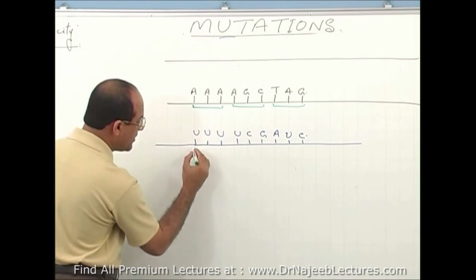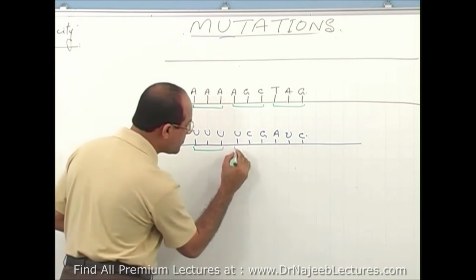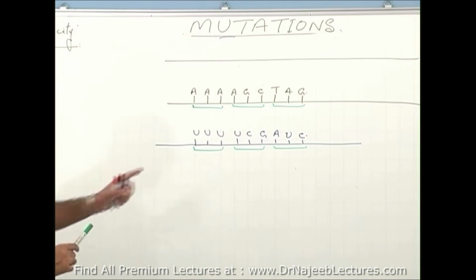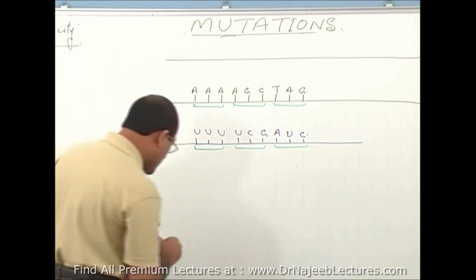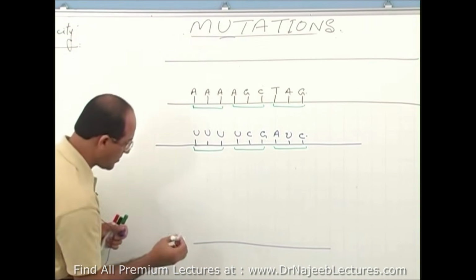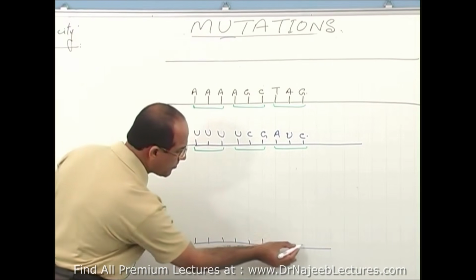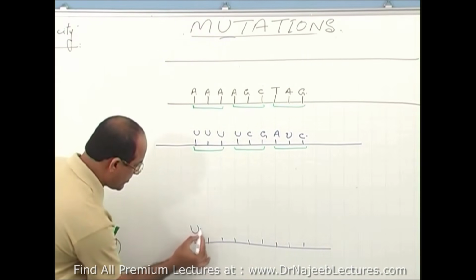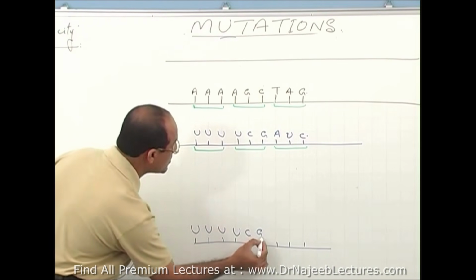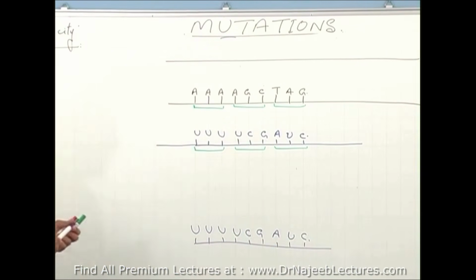Now, they have been transcribed in complementary codons present in RNA. Is that right? Now, when this RNA is undergoing the translational process, suppose this is RNA, right?